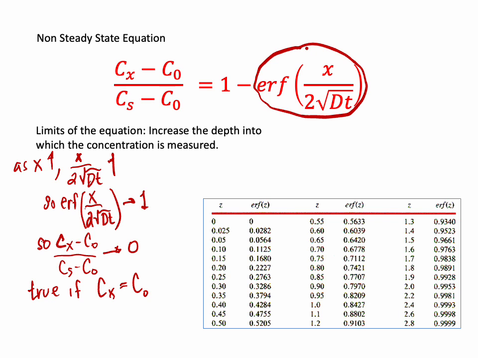So those are the two ends, the extremes, of non-steady state diffusion. We can go to high temperature and long time, and the concentration at depth x approaches the surface concentration. And then as x increases, the concentration at depth x approaches C0. We'll get into more detail and work these problems next time.